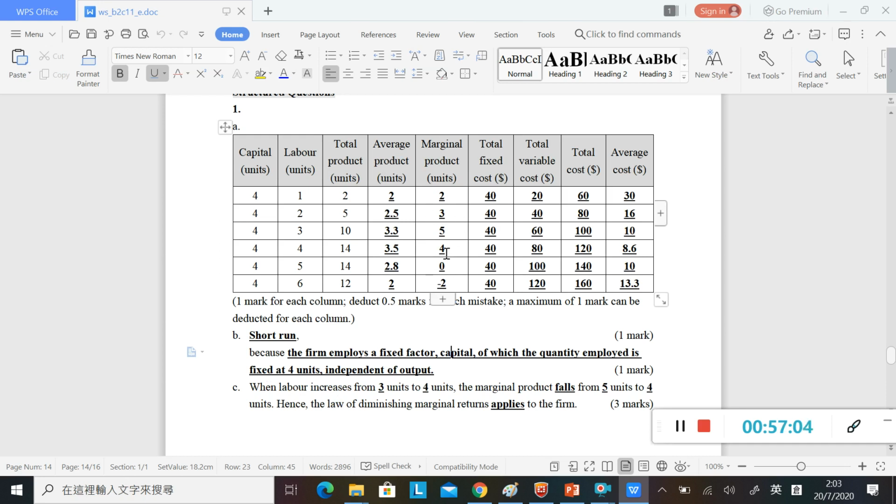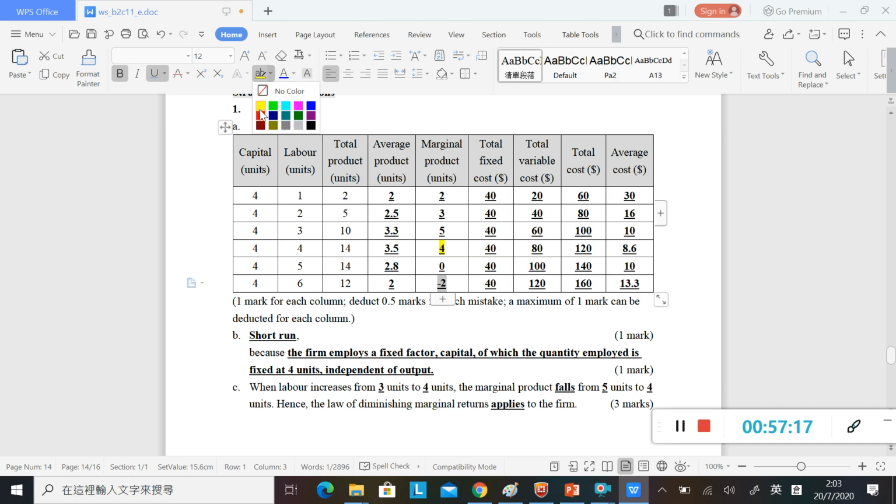你見到有嘅，因為佢由5跌到去4。好多同學就會講，因為而家負2，所以就有 law of diminishing marginal returns，呢個就唔啱㗎。This is not correct. OK, don't tell me that because the marginal product is negative, so there is law of diminishing marginal returns. It is not correct.